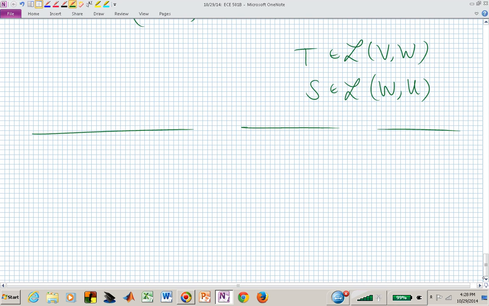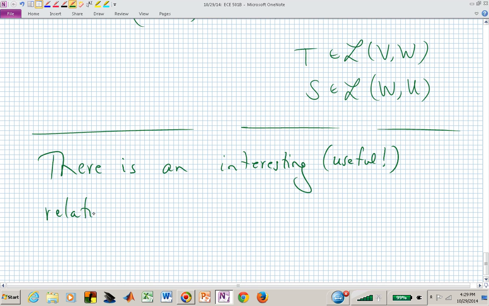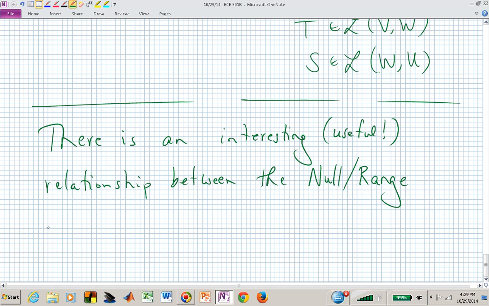Now, let's look at some more interesting or useful relationships between the null space and range space of the original linear map T and its adjoint.